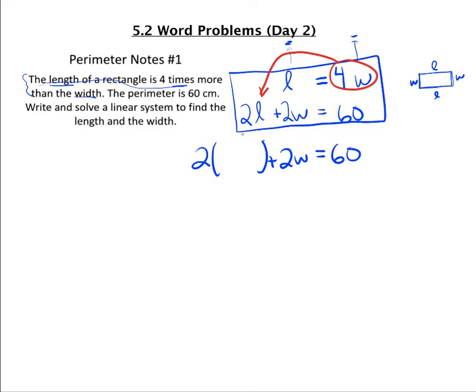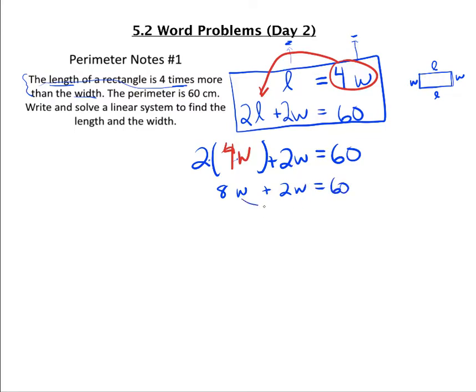I'm going to rewrite that equation, leaving a space for L to put in my 4W. Now I can simplify this, and this is not a distributive property, because a distributive property would have a plus or minus between the 4 and the W. It's just multiply, so I can rearrange it: 2 times 4 is 8W plus 2W equals 60.